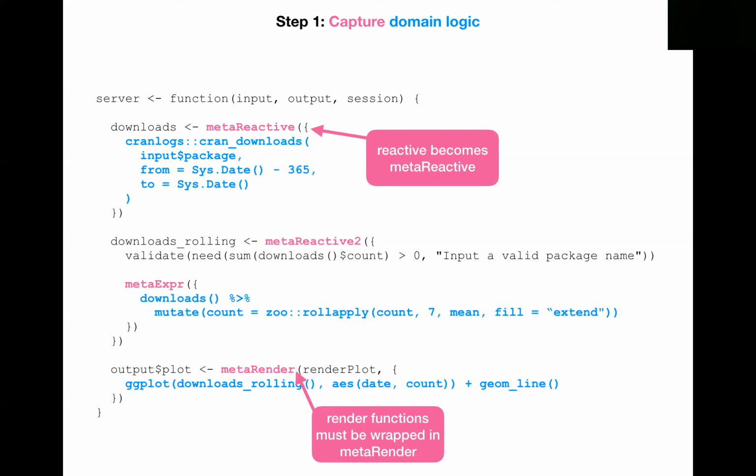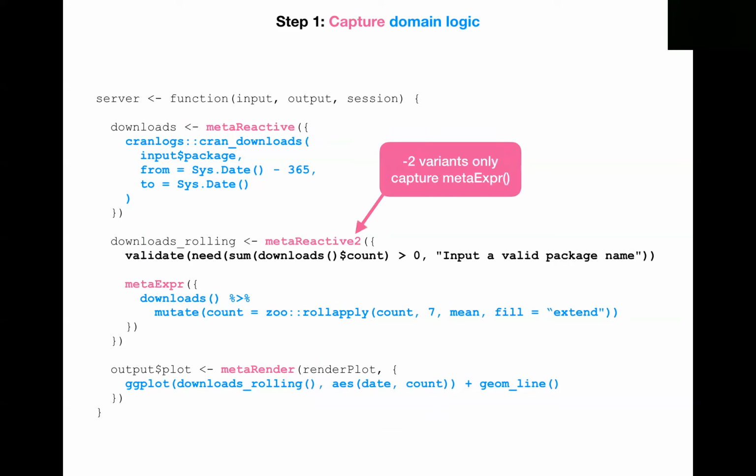I guess it would be nice if you could just say metaRenderPlot, but package developers can define their own render functions, so we need a more general way of making meta versions of render functions. So it's slightly different in the sense that you don't prefix the name with meta. You need to put your render function in the first argument of this metaRender function. But yeah, you just have to live with that.